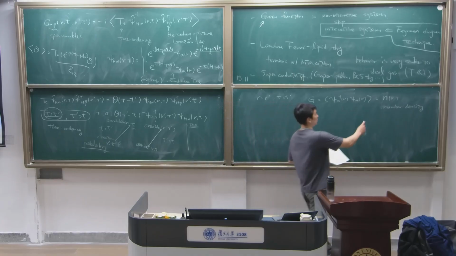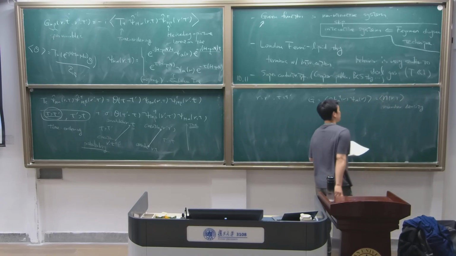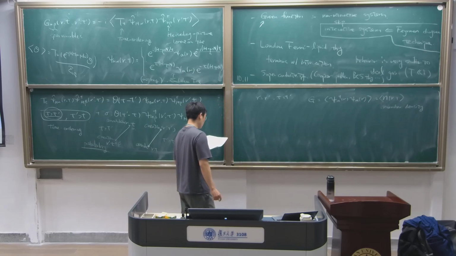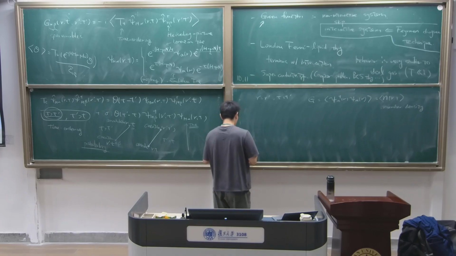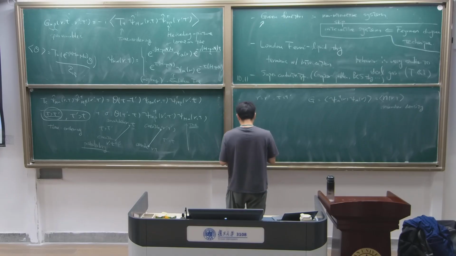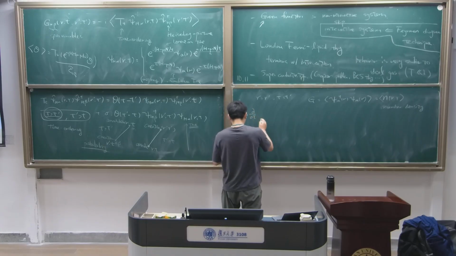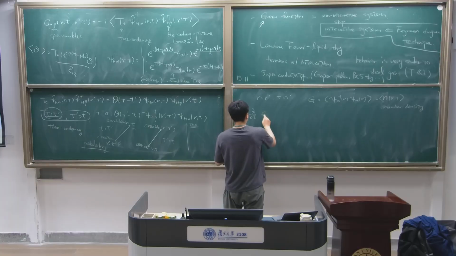That's the quantity for the Green function. And then you can consider applying delta t equal to 0, h equal to 1, and so on.